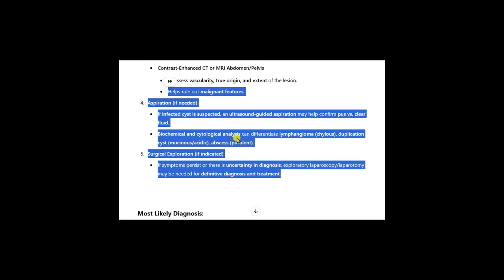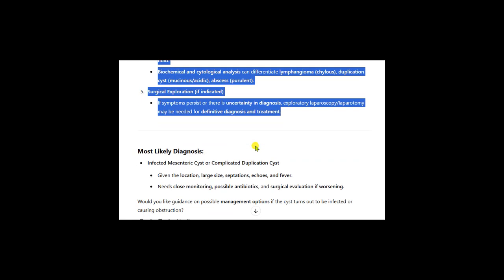Biochemical and cytological analysis can differentiate lymphangioma, chylous, duplication cyst, mucinous/acidic, abscess, purulent. Surgical exploration, if indicated. If symptoms persist or there is uncertainty in diagnosis, exploratory laparoscopy/laparotomy may be needed for definitive diagnosis and treatment.